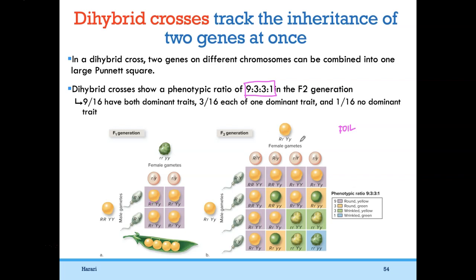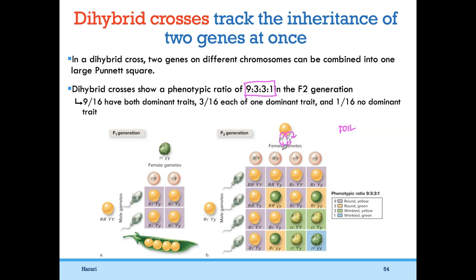What this means is this female of big R, little r, big Y, little y can make 4 different kinds of gametes. They can be the first letters, so big R and big Y. It could be the outer letters, big R and little y. It could be the inner letters, little r and big Y. Or it can be the last letters, little r and little y.